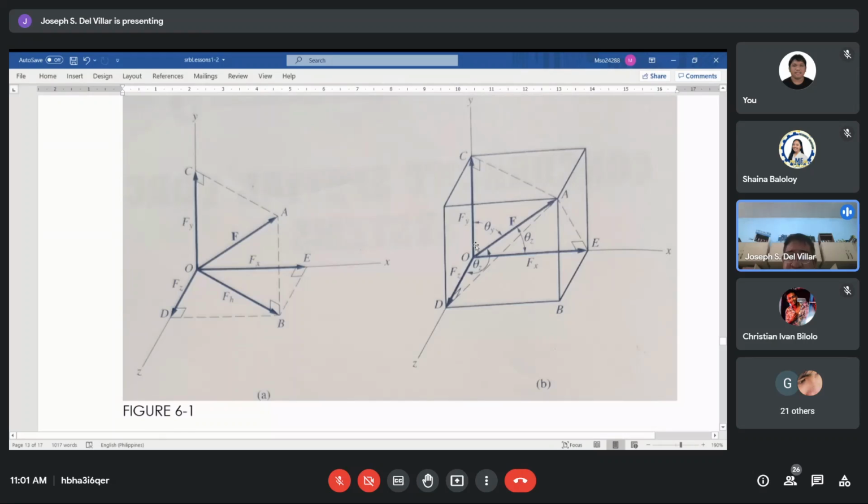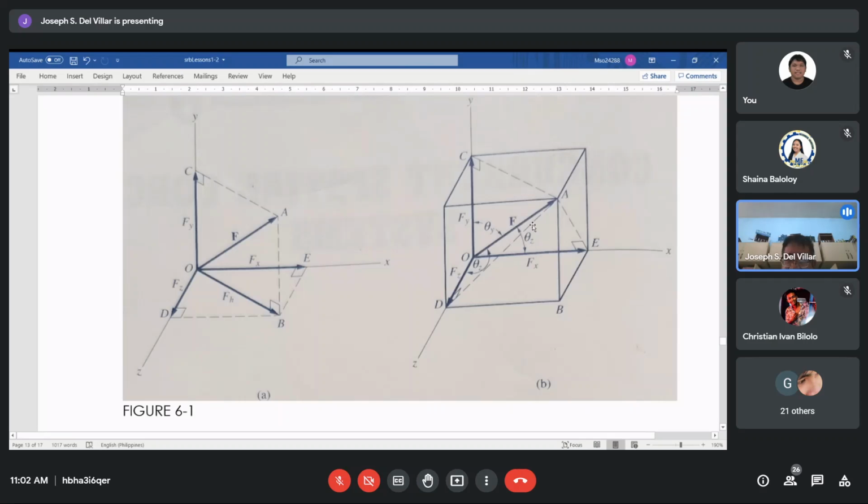And this is F sub y, and F sub y is adjacent to the angle theta sub y, and this is also an acute angle of the right triangle ACO. So therefore, Fy is equal to F cosine theta sub y. Why cosine? Because yung F sub y is the adjacent. Okay? Now take note that F is always representing the hypotenuse of the right triangles.